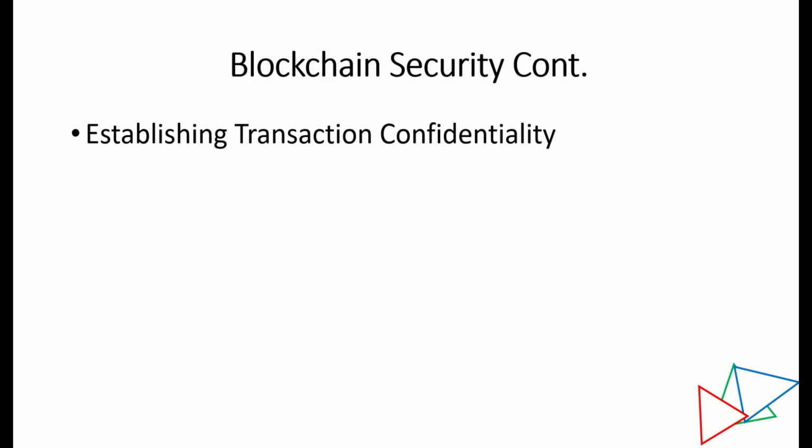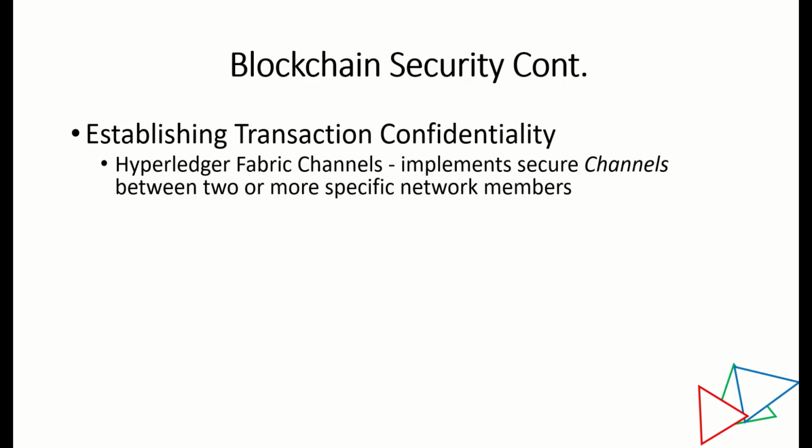Then we will talk about establishing confidentiality. A few blockchain platforms have dedicated resources to creating confidential channels or platforms where transactors or members of the networks are able to transact confidentially. We'll look at two examples. The first one is Hyperledger, which is a creation of IBM.